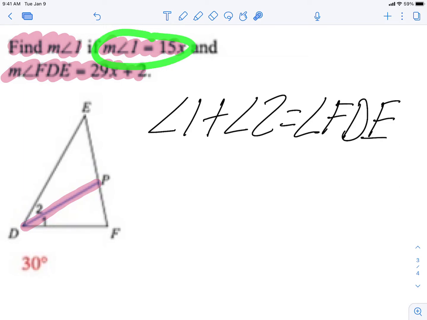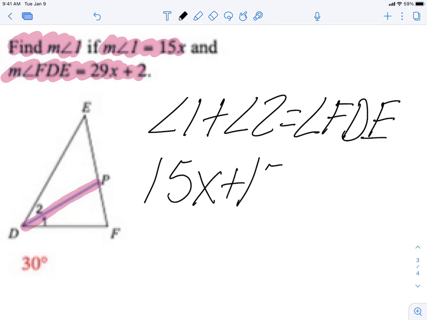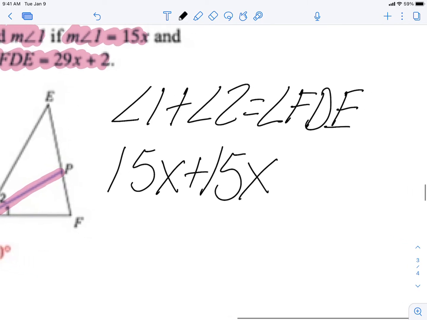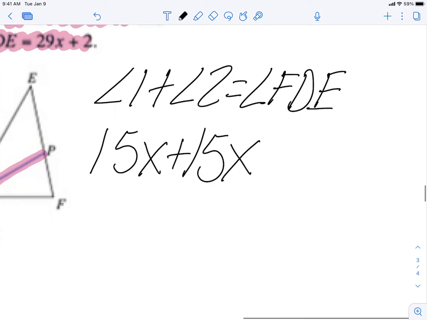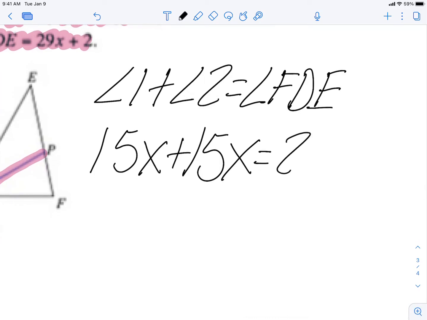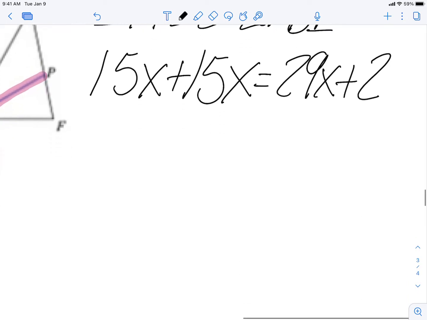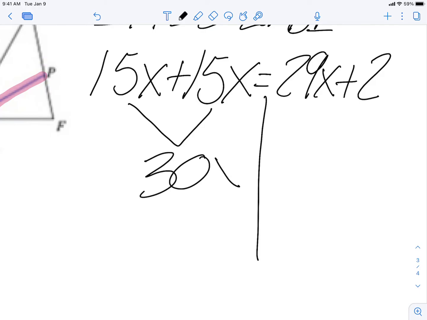So this says angle 1 is 15x. So 15x. That means that angle 2 is also 15x. And angle FDE is equal to 29x plus 2. Okay, let's draw a line of separation. 15x and 15x is 30x.